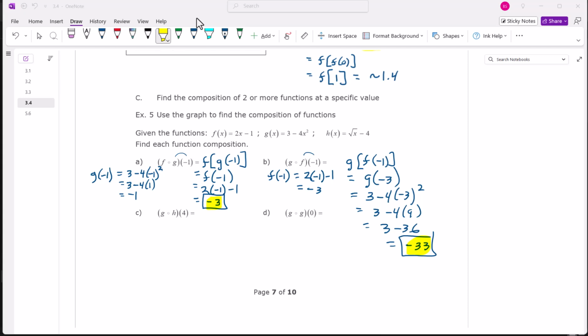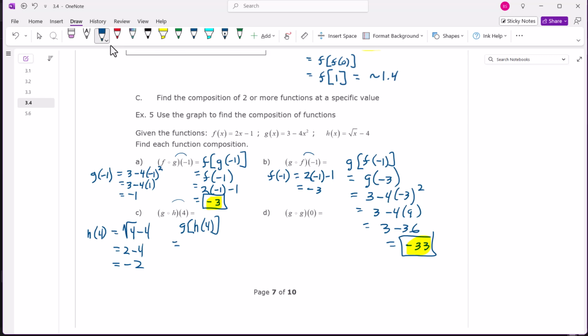Moving to the next problem. We want to start with h of 4, this part here. So h of 4, plug in, you're going to have square root of 4 minus 4. So that's 2 minus 4, so that evaluates as negative 2. When you put this together, we're going to write this as g bracket h of 4.